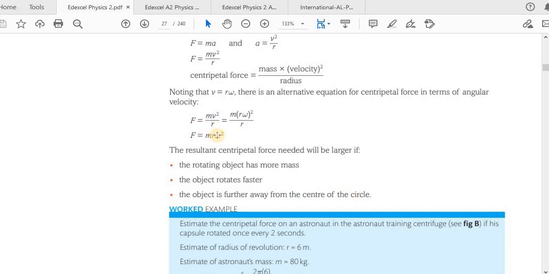From here you can see if r is greater, then F will be greater. So if it is moving at the same speed in a larger radius, to maintain the same speed, you will need a larger force.